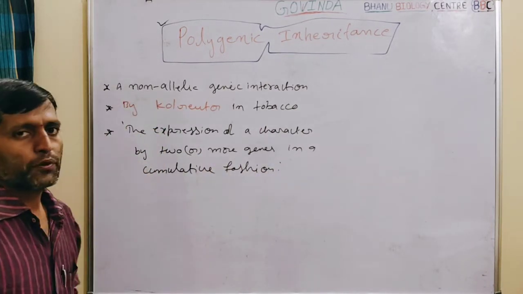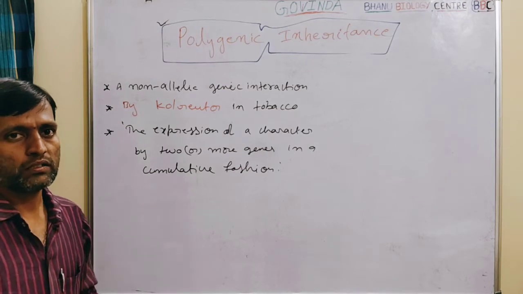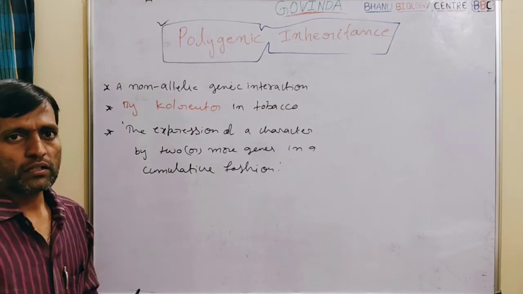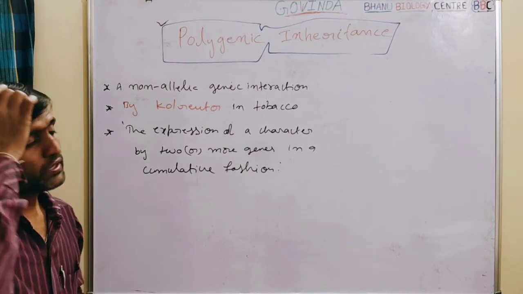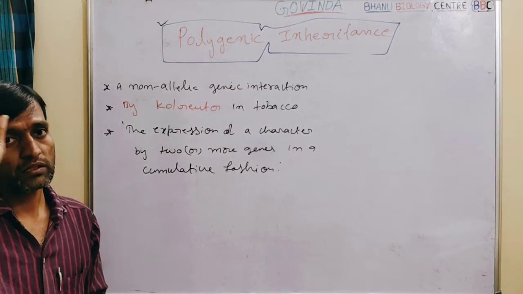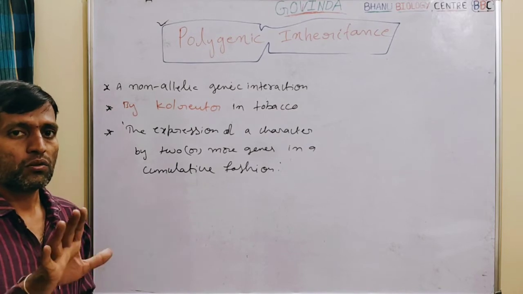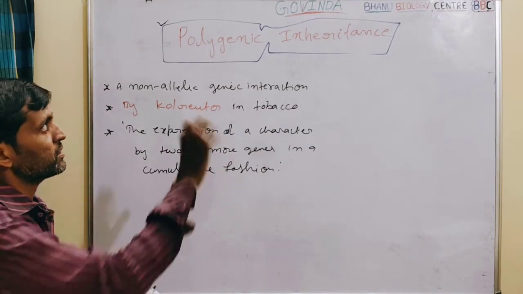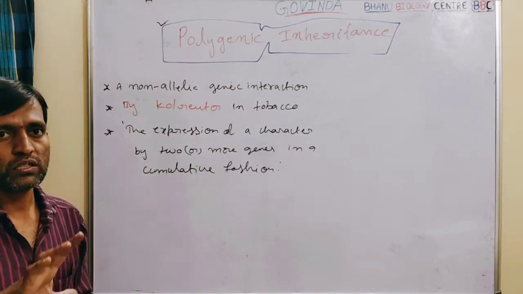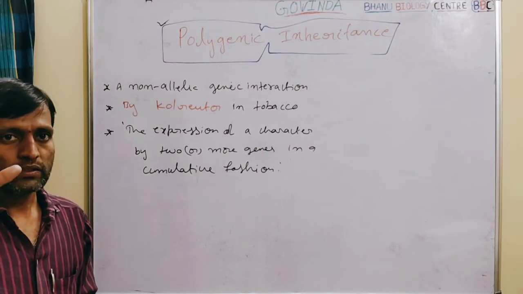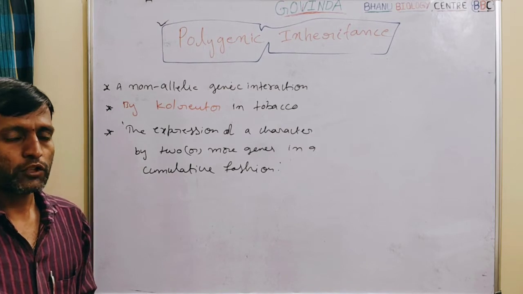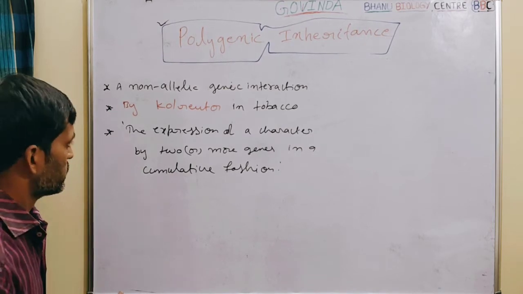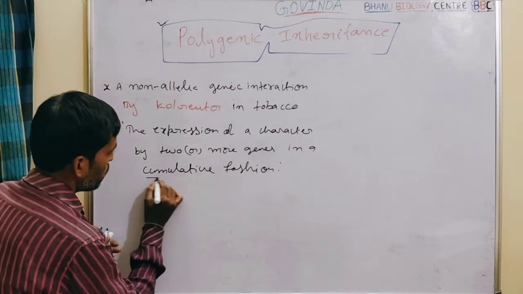In previous phenomena, what we learned is a character is controlled by a single gene, that is monogenic inheritance. Monogenic means a single gene going to control a single character, but this condition is different. Here two or more genes are going to influence a character, or influencing the expression of a character. So here we use the word cumulative.